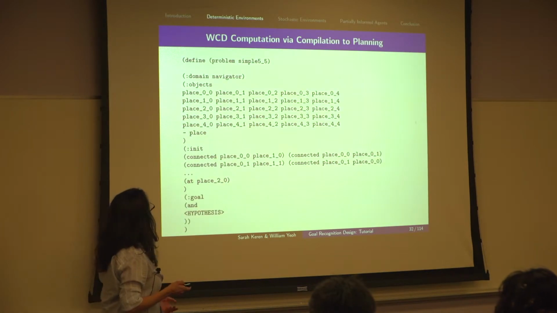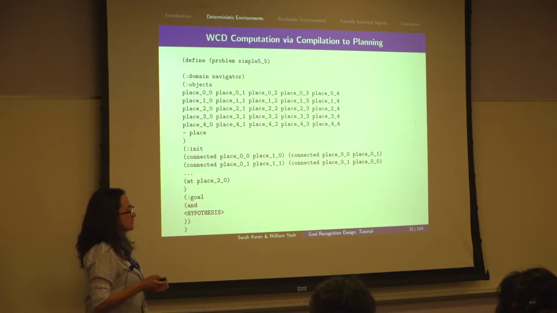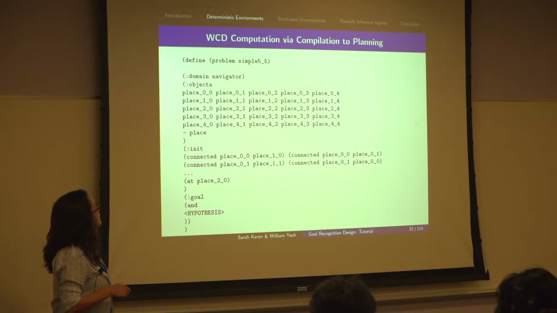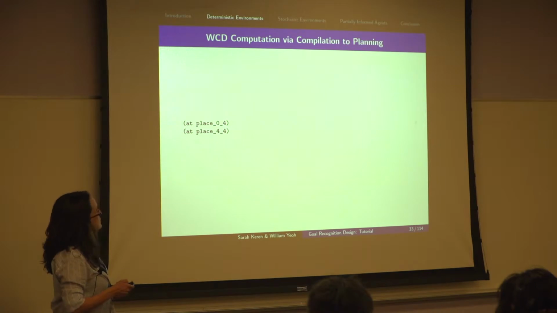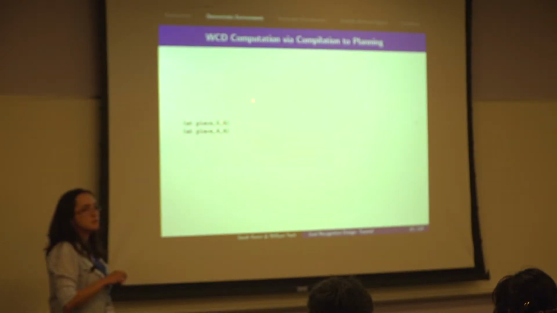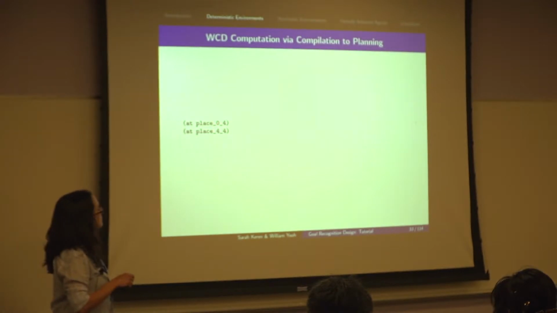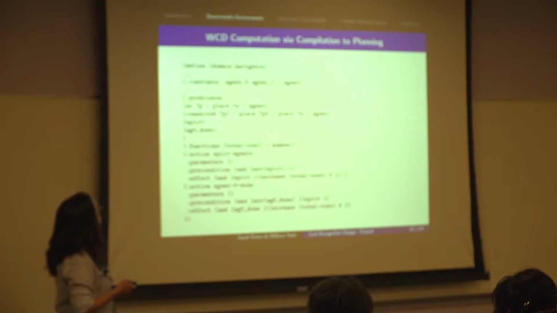The difference when we create a GRD problem is that the problem looks pretty much the same as a regular PDDL, but the goal here has a missing part. We have different possible goals, which are defined in a separate file, goal 1 and goal 2. We have different hypotheses that are possible.